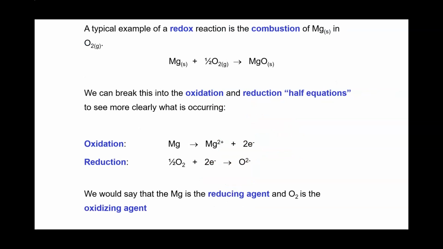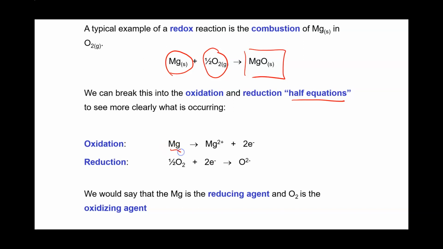So a typical example of a redox reaction would be the combustion of magnesium metal. So what happens is when we react solid magnesium metal with gaseous O2, we form the ionic compound magnesium oxide. So we can break a redox reaction into what we call half equations or half reactions to see more clearly what's going on. So we're going to write one of these reactions for each of our reactants.